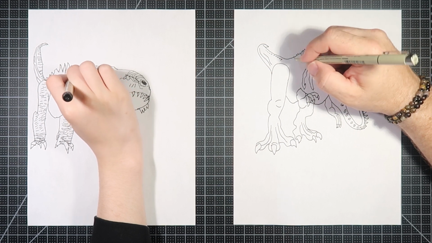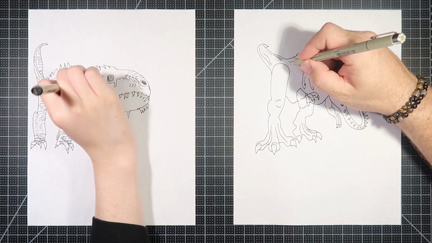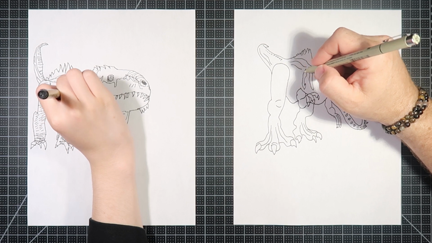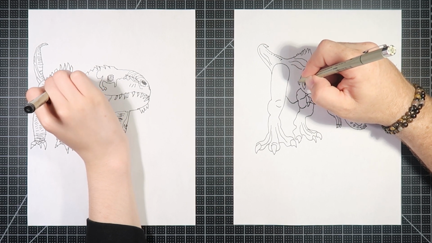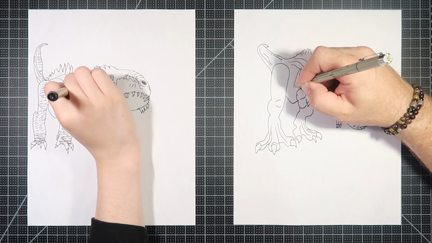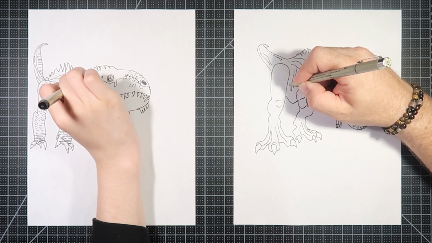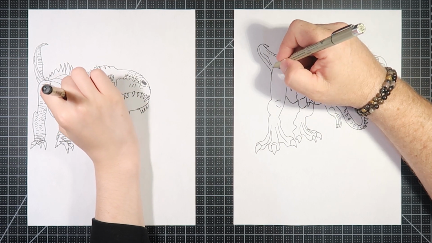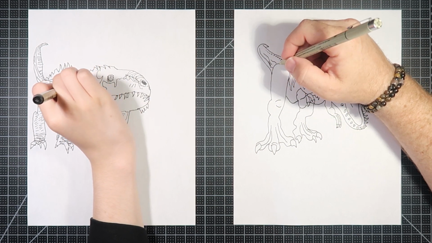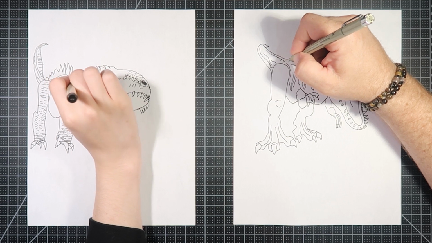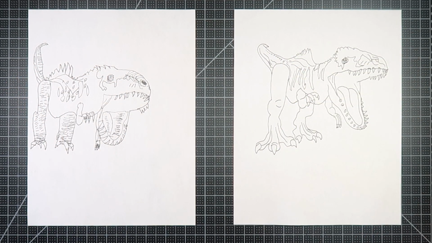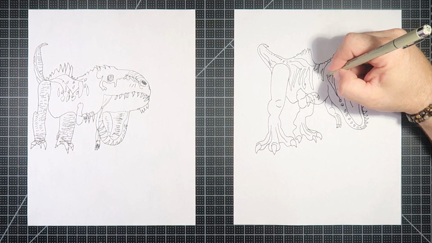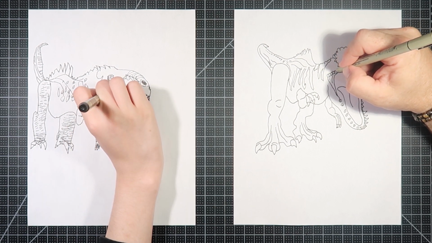I can also add in some lines here to just sort of give the impression of scales or lines of things that are going on. A lot of these areas are kind of lined with these little black things. Oh wait, scales. Yeah, they're kind of scaly or knobby.